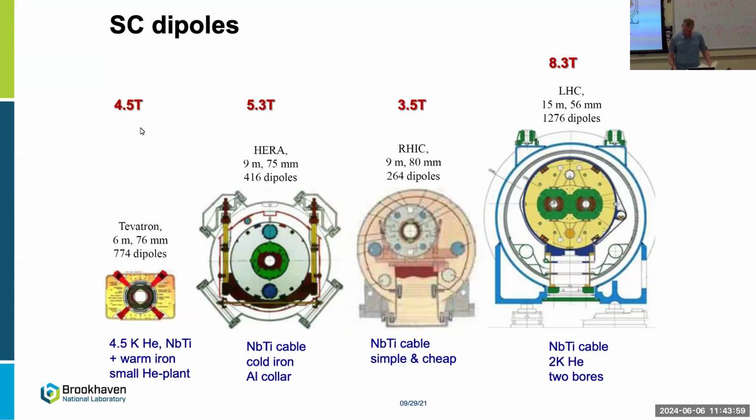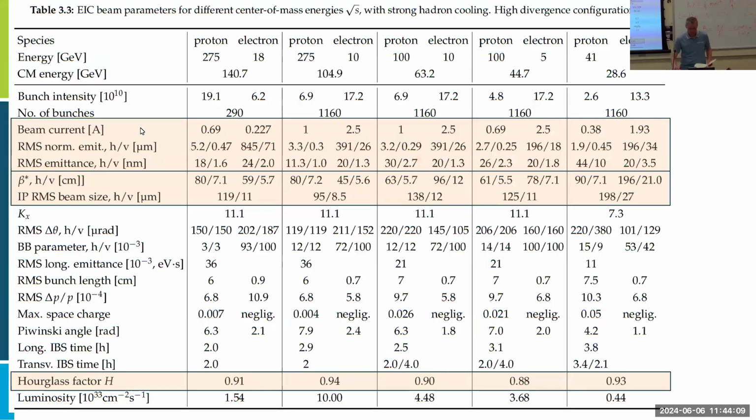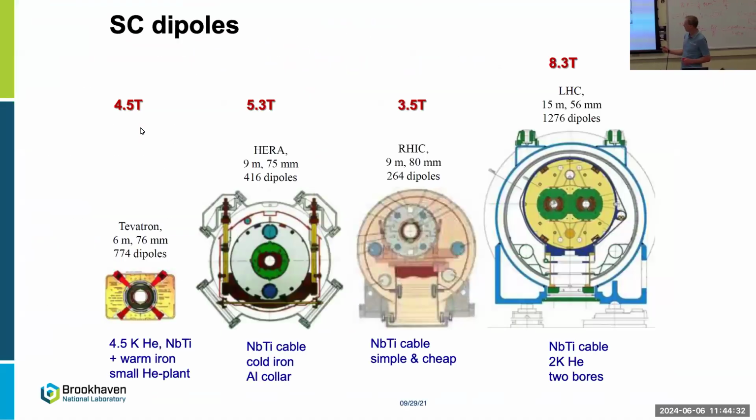Okay, so let's talk about what I have now. Let's go back to the table. I first tried to explain to you where these protons and electrons come from and what these energies mean. So 275 means superconducting magnets like this. Sorry, not such a good image.